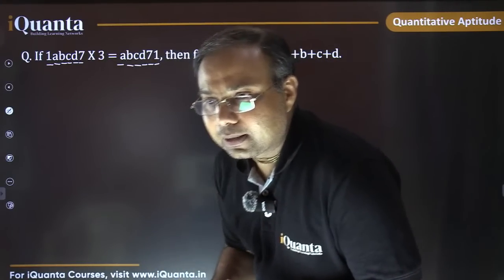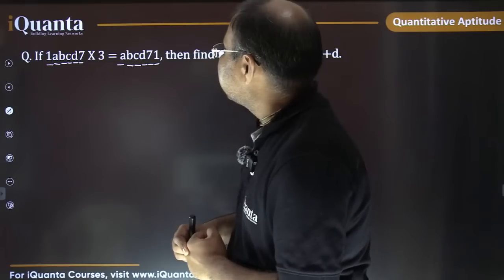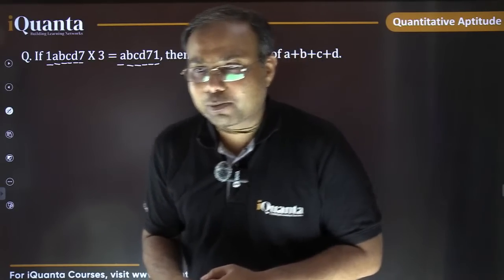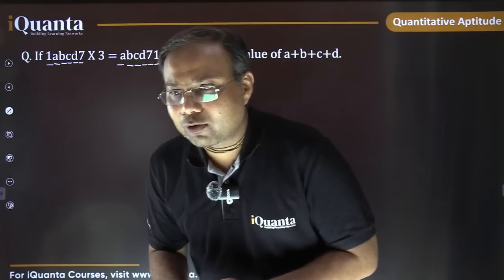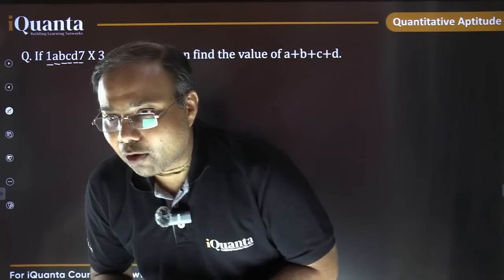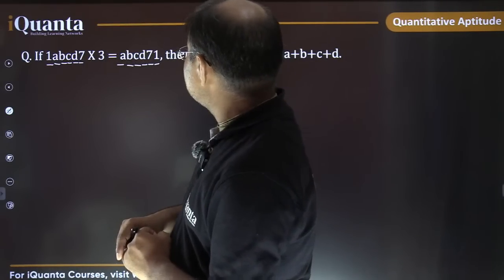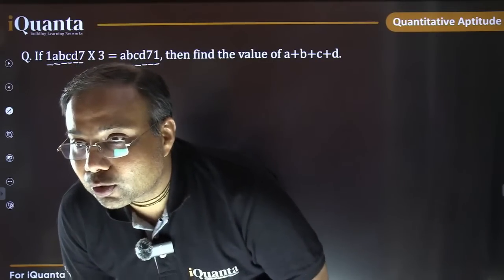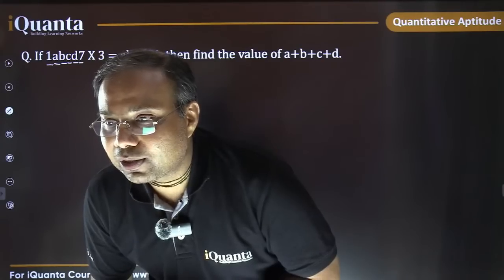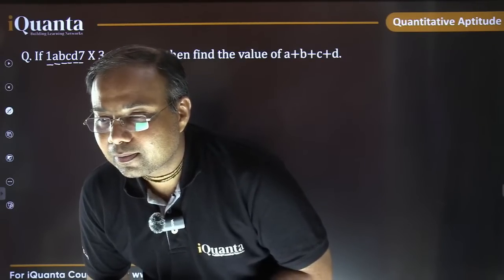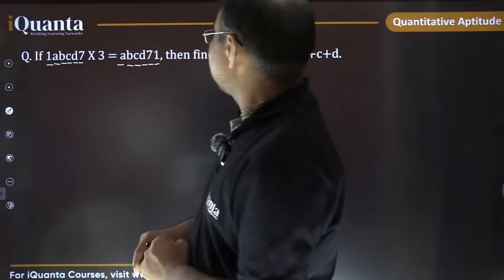Okay, how to answer this? Any idea, any suggestion here? Fast please. Many of you have got the right answer. Okay, Navanil is saying A should be 2. Why do you think so? A should be 2 so that multiplying by 3 gives 1 at the end, so it will be 7.